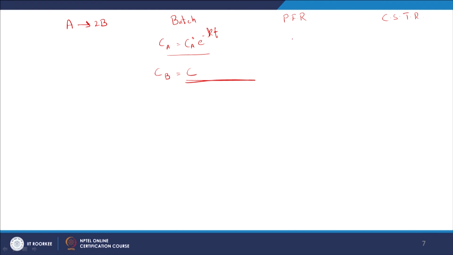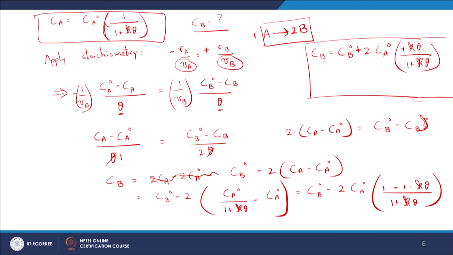And for the plug flow though, what do you do here? We only replace T with theta, and we end up getting again Cb values and Ca values here, same case here. And for the CSTR, it is a different case, we work out Ca and Cb. Let us see what it is that I have here.